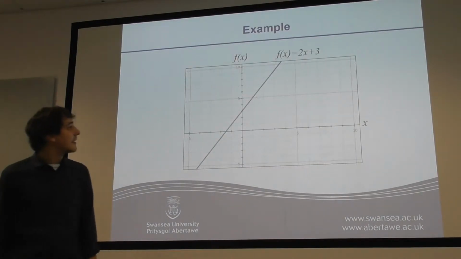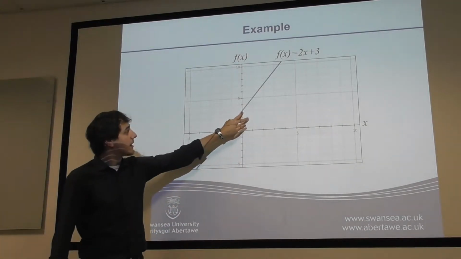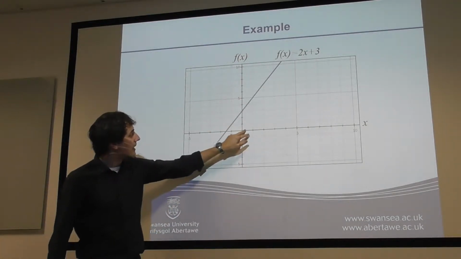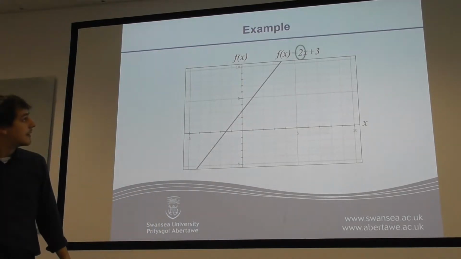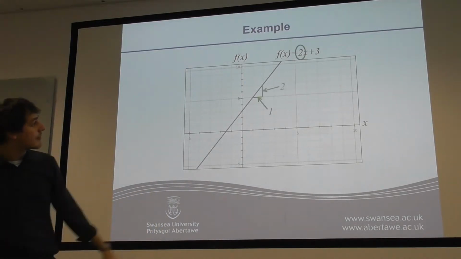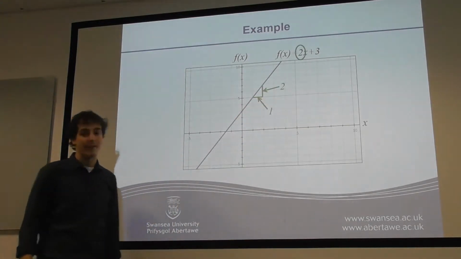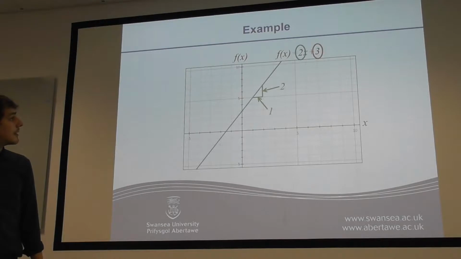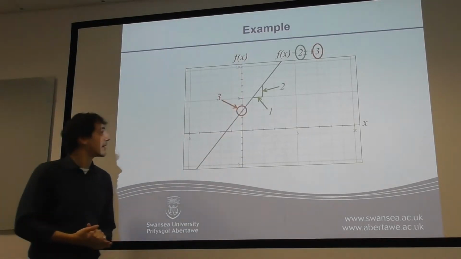And we can see that here. It crosses the y-axis at 3, and for 1 extra unit of x, there are 2 extra units of f of x.